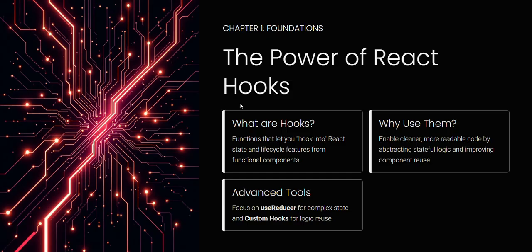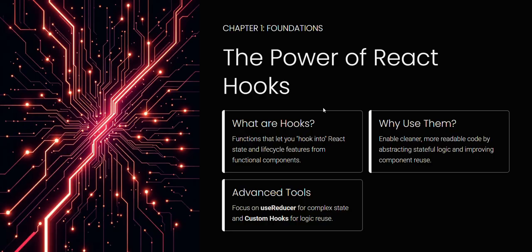Hooks allow us to abstract stateful logic away from the presentation layer. So we replace the boilerplate of class components like componentDidMount and this.setState with simple function calls. This modularity means better unit testing and significantly improved component reuse.